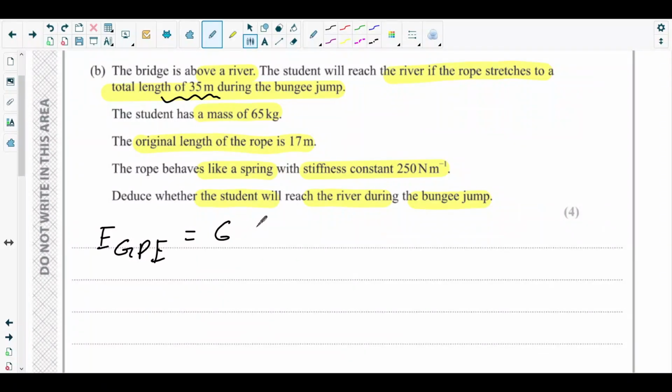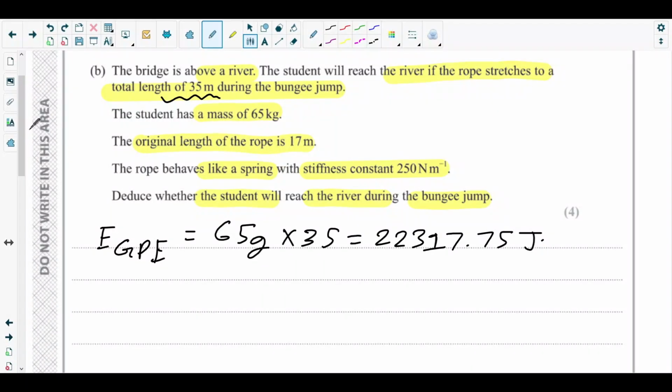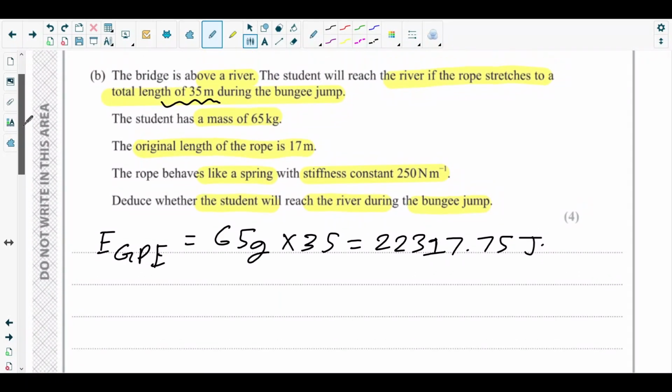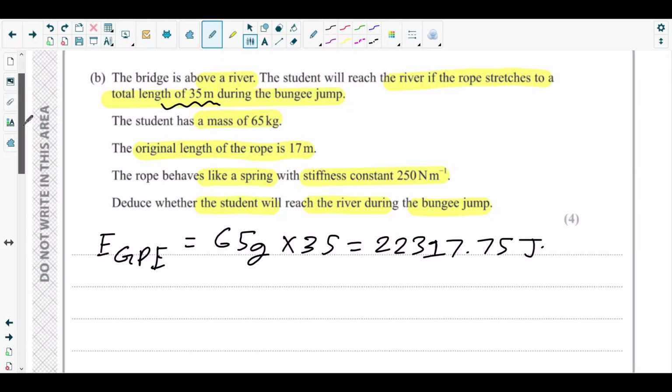This is mgh, 65 g times the height, 35. So this is basically 65 times 9.81 times 35. That would give you 22,317.75 joule of potential energy the student will lose as it reaches the river.